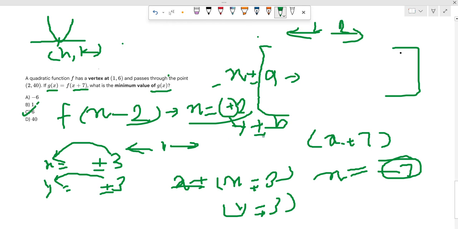And the similar process is for y also. If it is up by 2 units, then it will be y minus 2 instead of y, and if it has gone down by 2 units, then it will be y plus 2 instead of y.